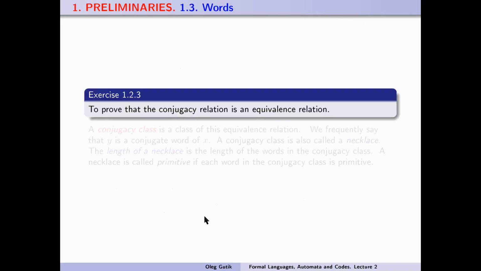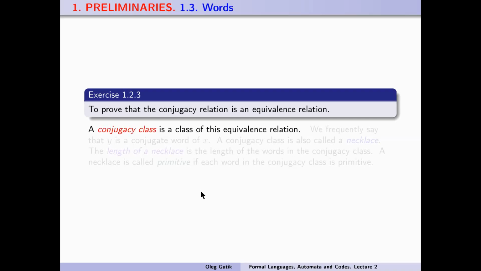And this relation, which is called the conjugacy relation, is an equivalence relation. I propose that you prove this as an exercise.